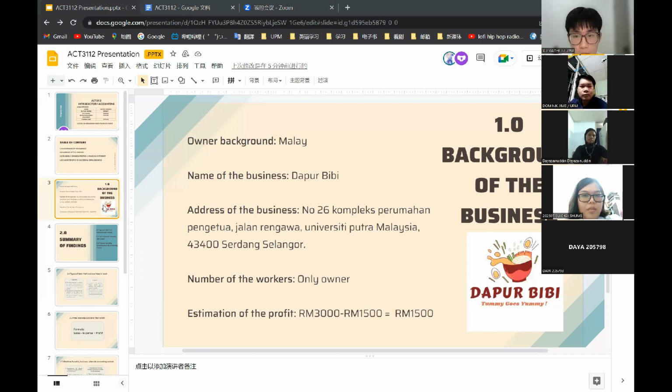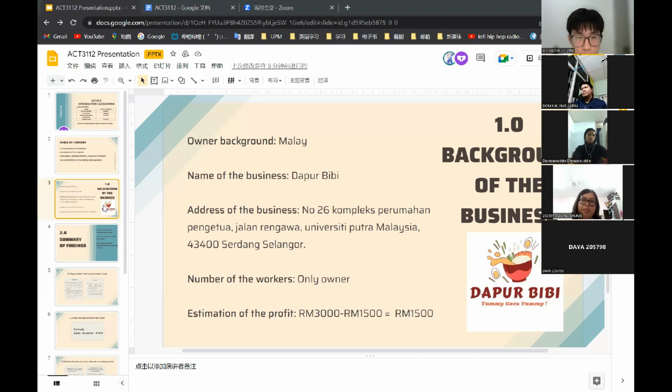The address is number 26 Kompleks Perumahan Pemutua, Jalan Renggawa, Universiti Putra Malaysia, Serdang, Selangor. The number of workers is only the owner, which means she doesn't have any workers, so she manages all of her own business.